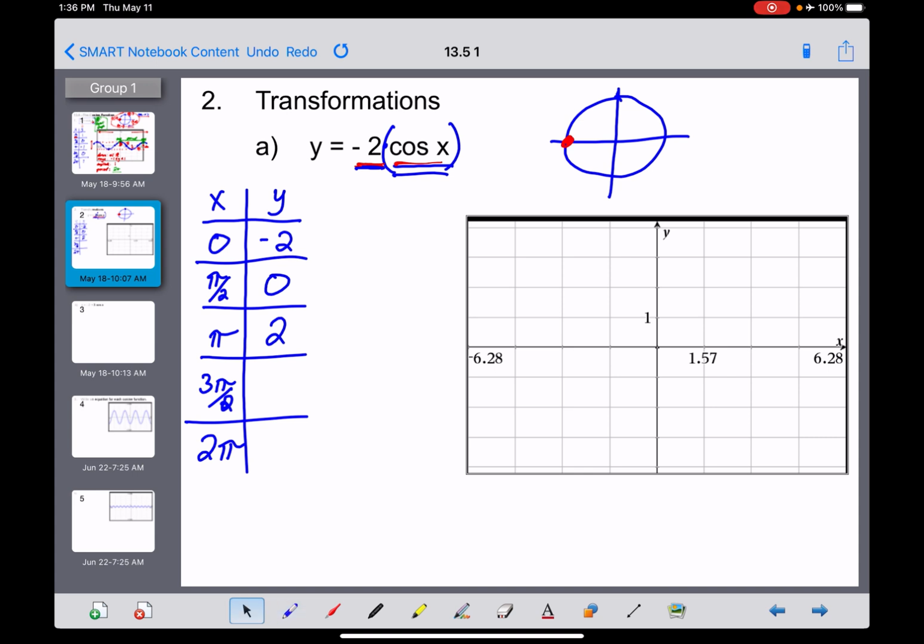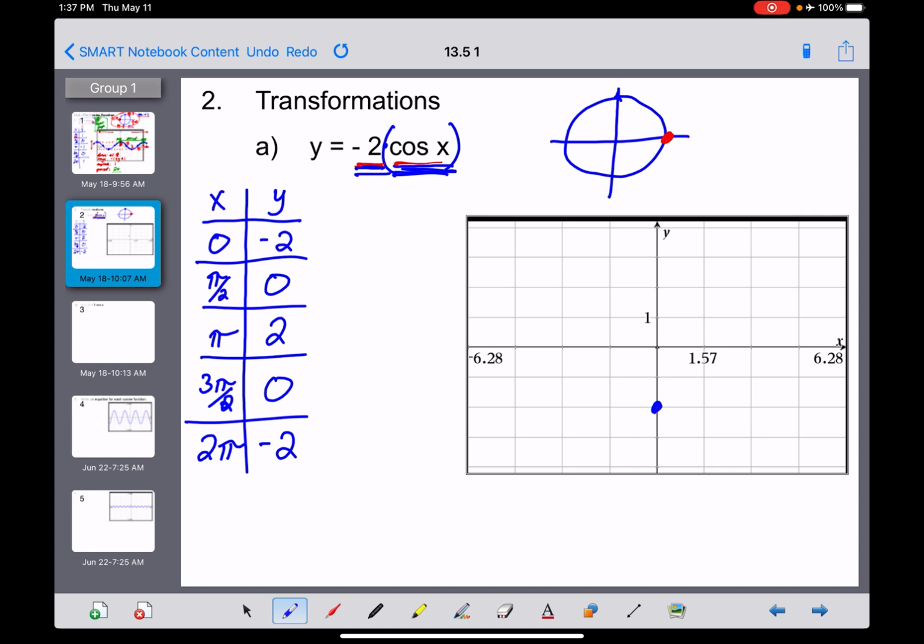Onto 3 pi over 2, we're straight down here. Cosine is our x value, which is 0, and 0 times -2, still 0. And 2 pi gets us right back where we started there, guys. Cosine, x is 1 there. 1 times -2, -2. So let's plot these 5 points and see what we see.